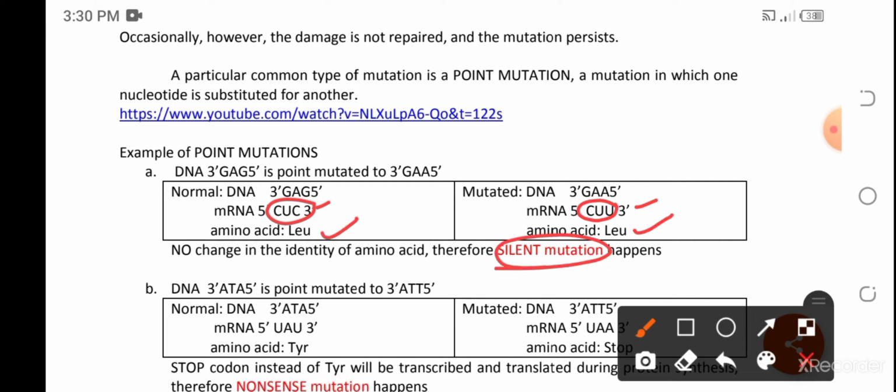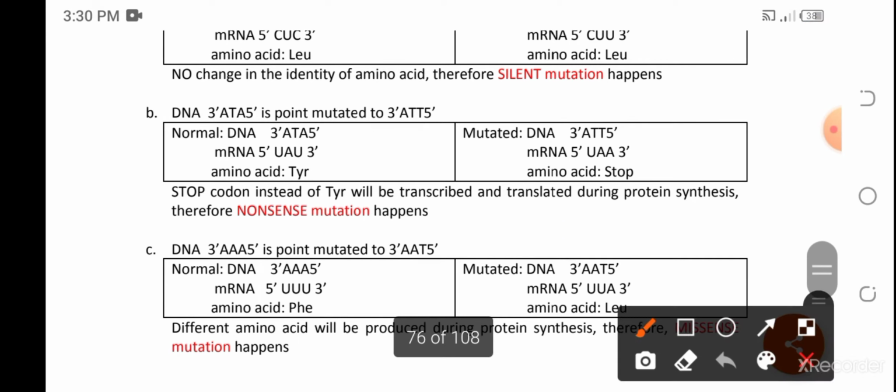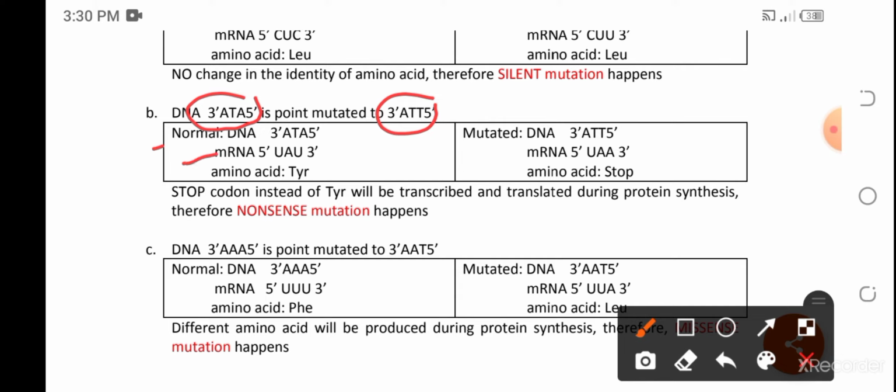Silent lang yung mutation. Another example, the DNA 3' ATA 5' is point mutated to 3' ATT 5'. So in a normal condition, this DNA ATA will be transcribed to mRNA with 5' UAU 3' because of the base pairing.